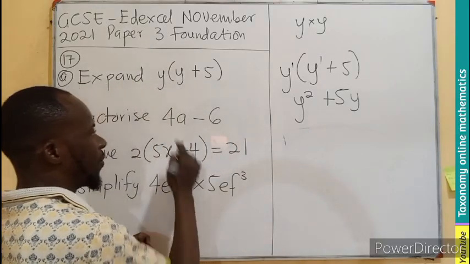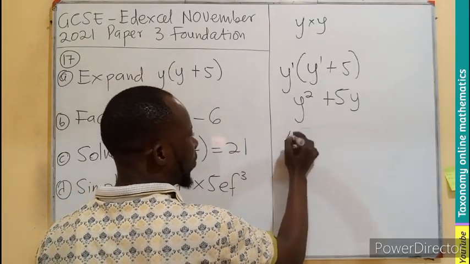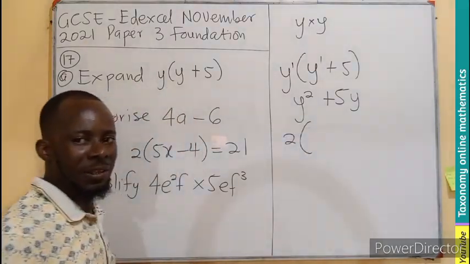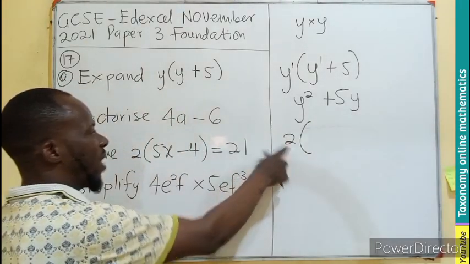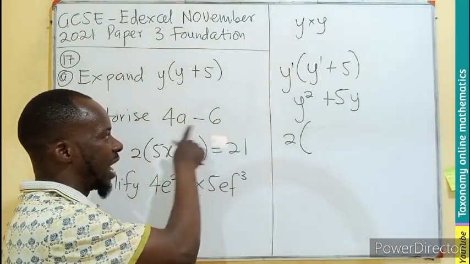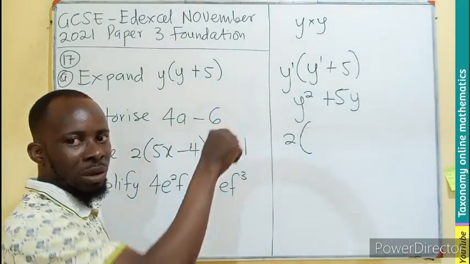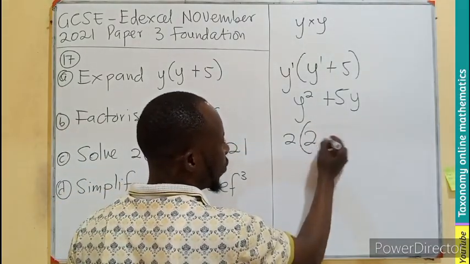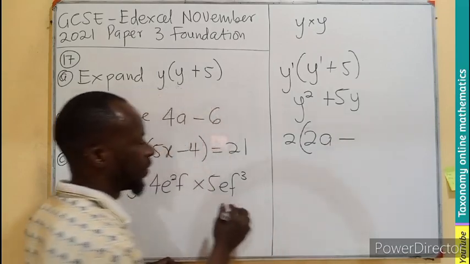So from here, I will put my common factor, which is 2, outside the bracket. Then use the common factor to divide the numbers. Don't forget, when we divide 4a by 2, we have 2a, minus.